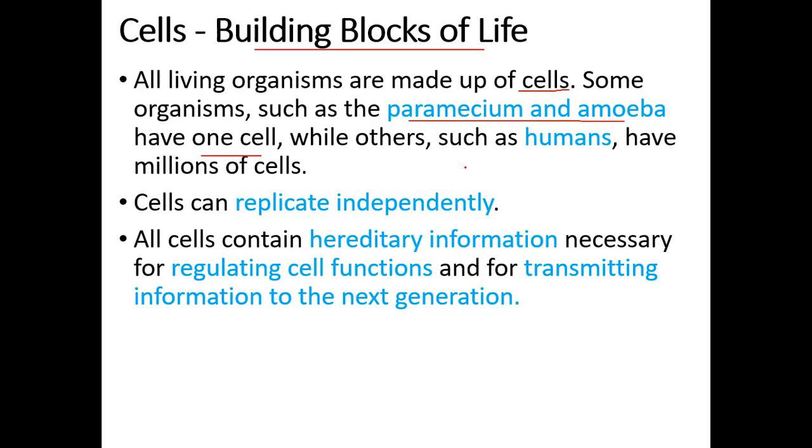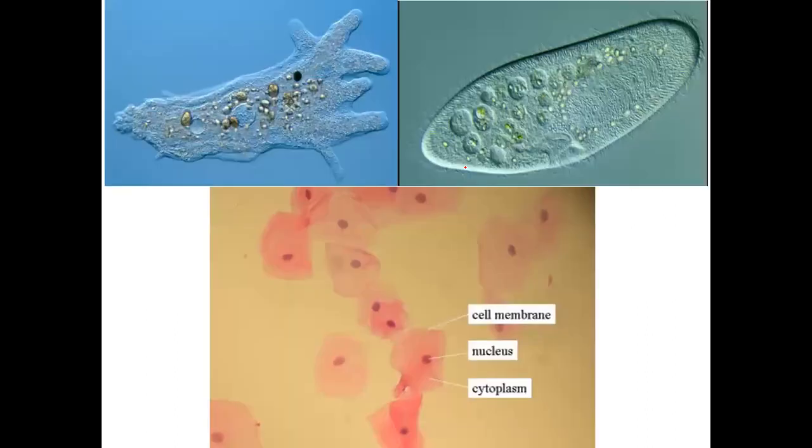They have one cell. You have learned about paramecium and amoeba in O levels, isn't it? So you can see this amoeba and paramecium in the top two pictures. They are unicellular. You can say they only have a single cell. Okay.